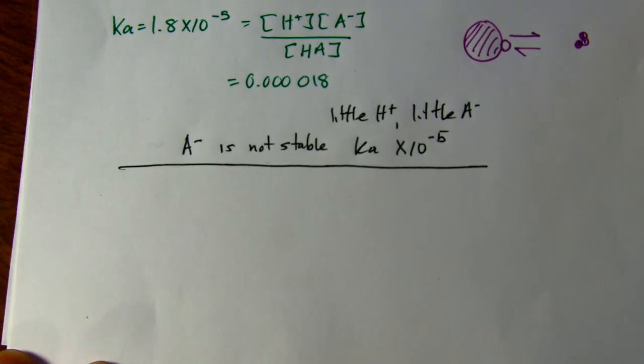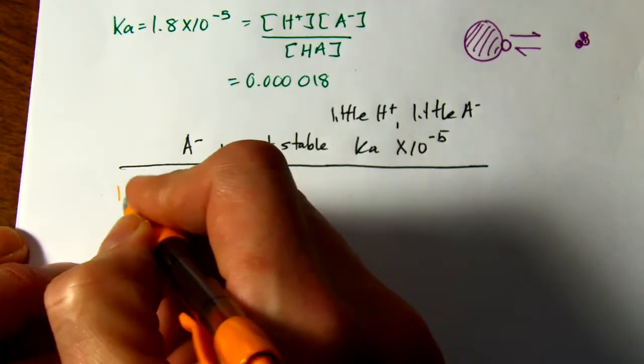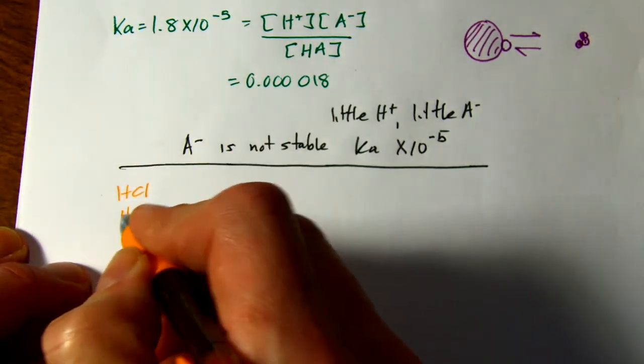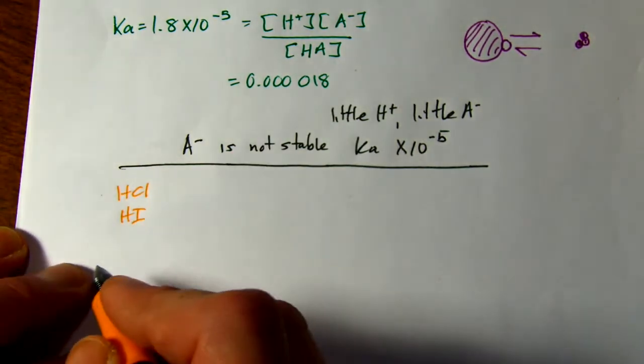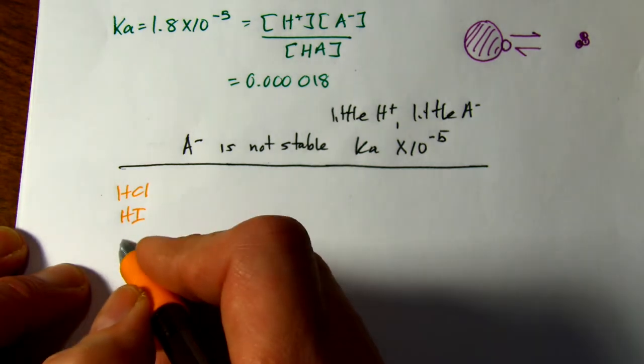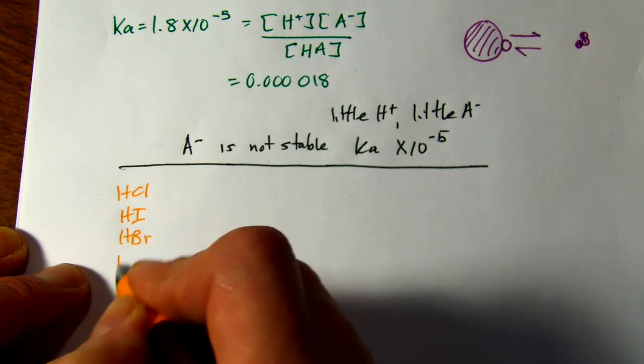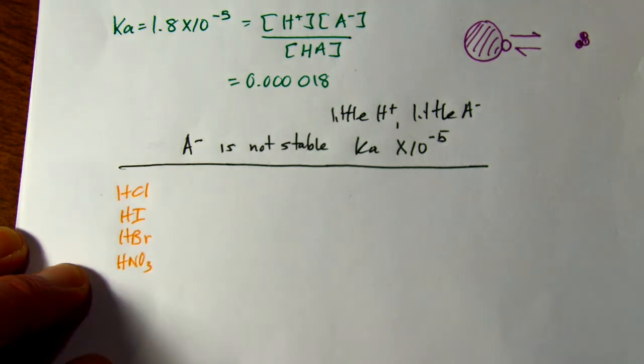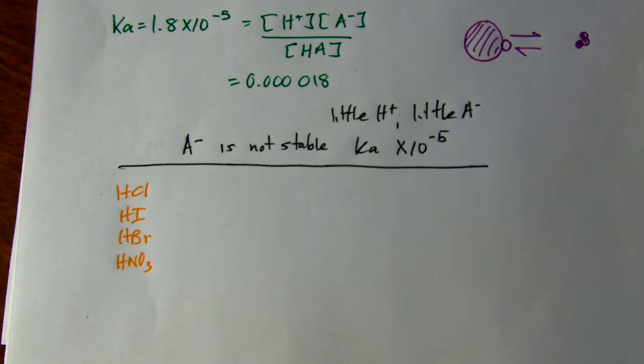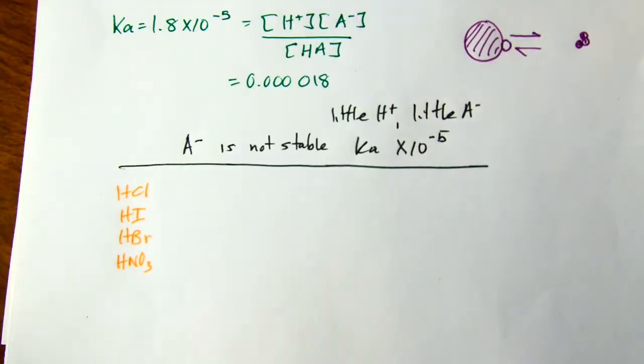Let's go back now to this concept of a strong acid. When we have things like HCl or HI, these are the strong acids, and we're going to have to revisit these eventually, HBr and so on, nitric acid. Okay, these are the strong acids, and they have these crazy high Ka values.